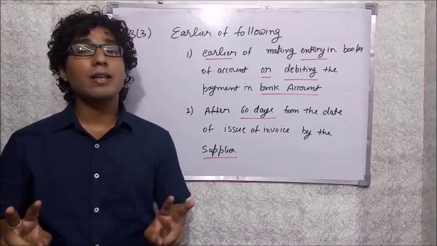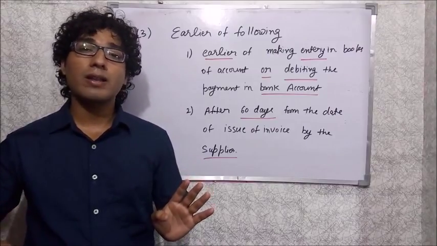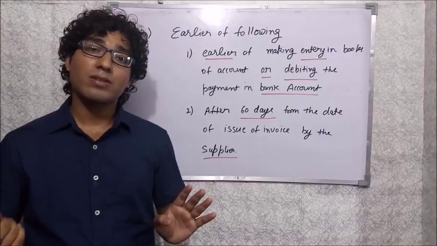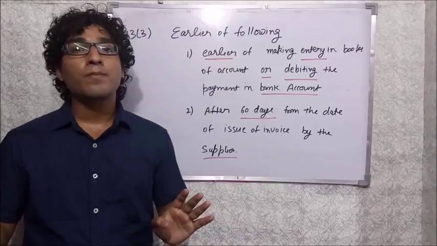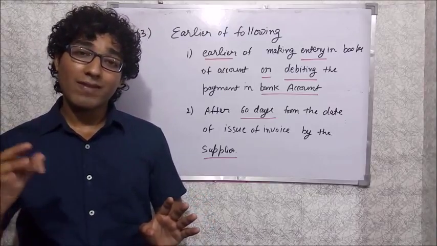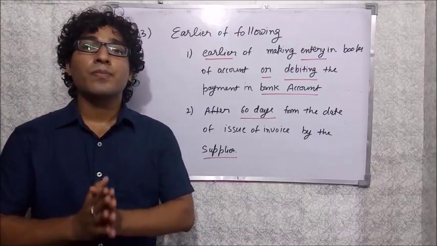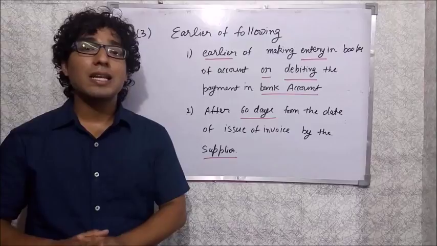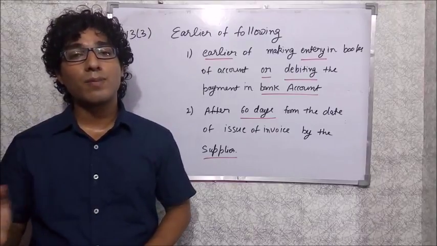So the two events are: the first event is the earlier of when the recipient of supply of service makes the entry into his books of account regarding the payment, or when the amount is debited in his bank account. Whichever event is earlier, we will consider as the first event. And then the second event is immediately after the 60 days from the date of issue of invoice by the supplier.